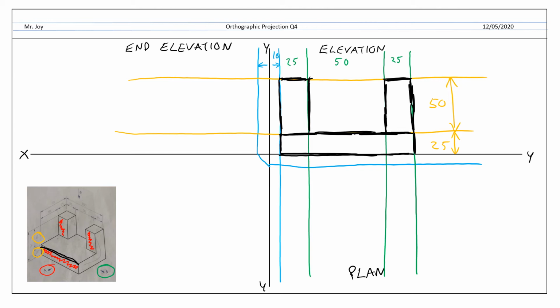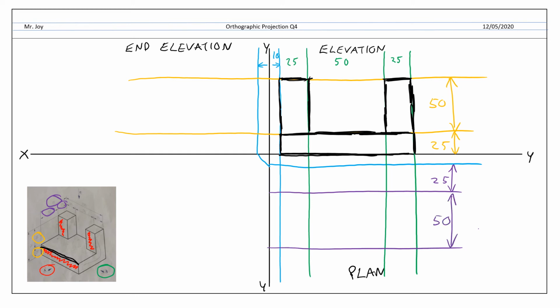Next thing in the plan, so when we're looking down from overhead, we can see 75, 50 and 25. So we're going to come 25 from there, and then 50 from there.